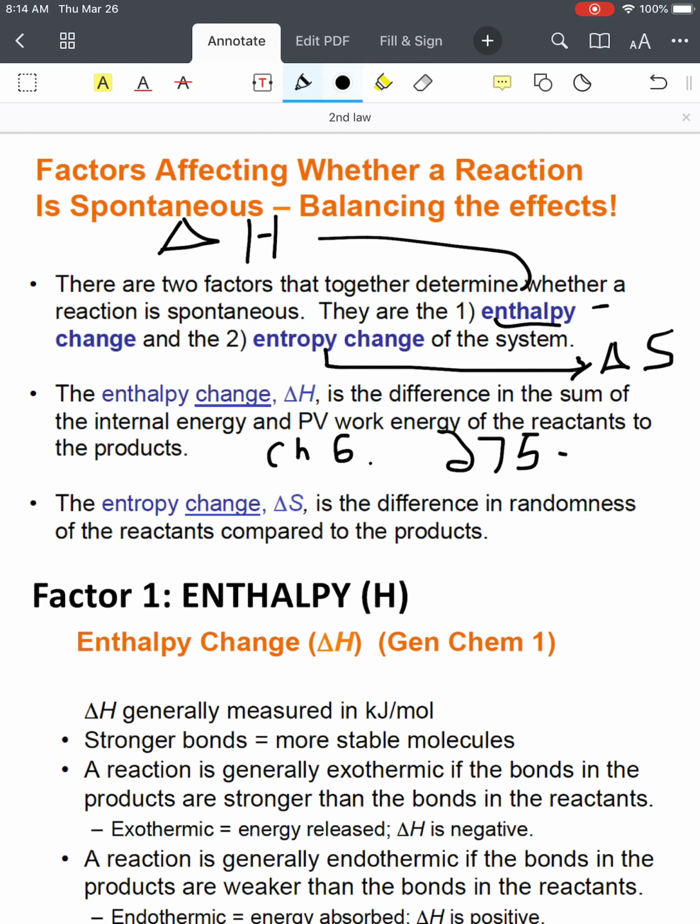There are a lot of calculation problems in there that explain how to compute enthalpy change, and that would be a good review if you forgot that, okay?